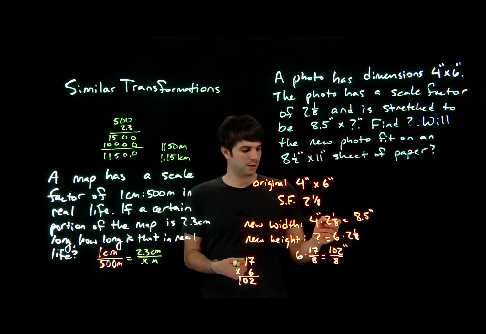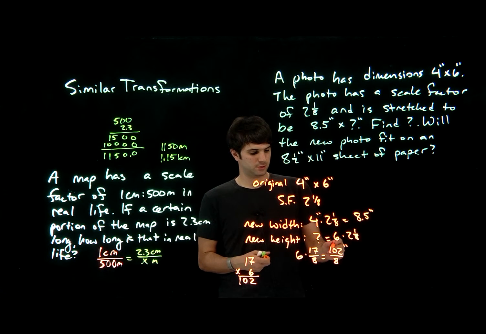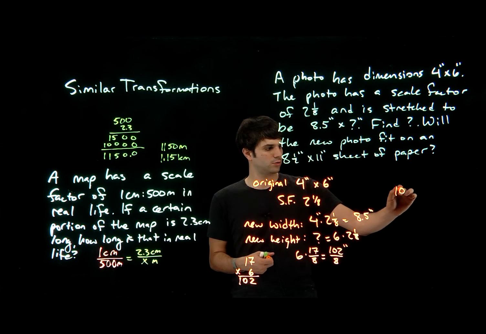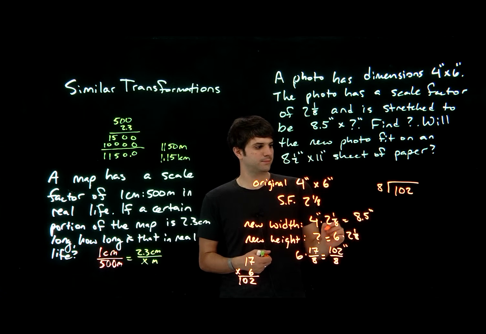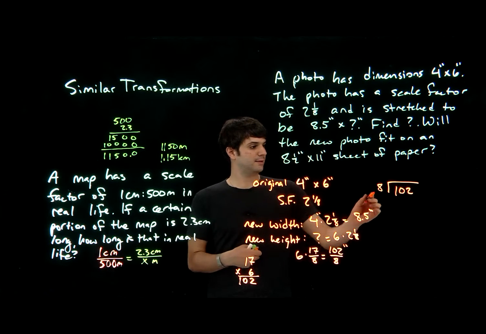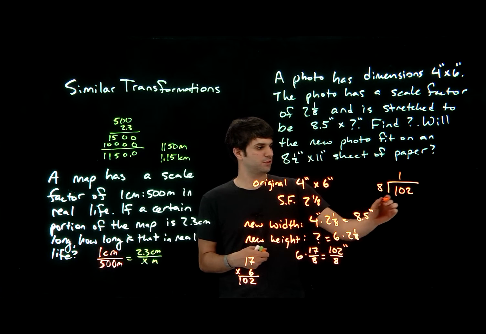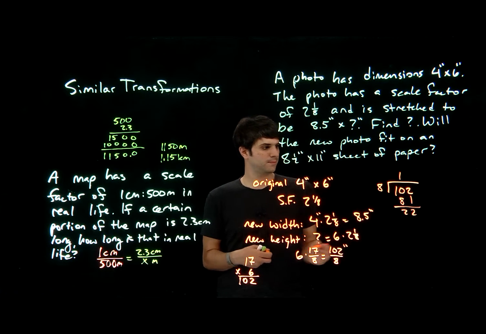So let's divide this out. 102 divided by 8. 8 goes into 10 one time, so we get 8, that's 2 and 2.